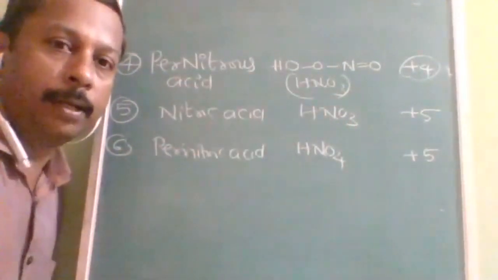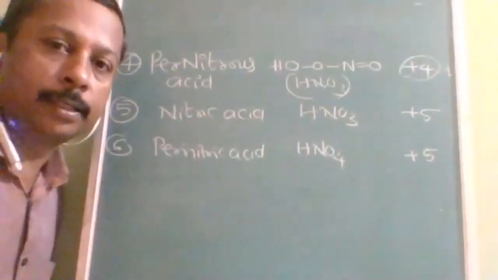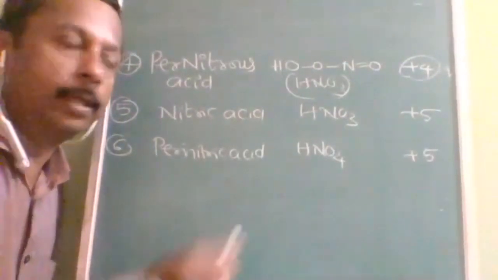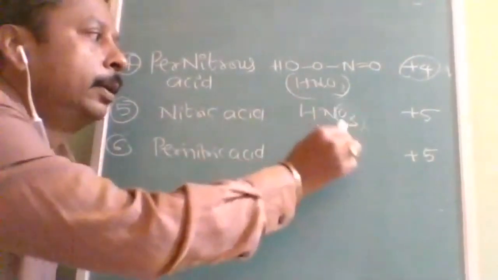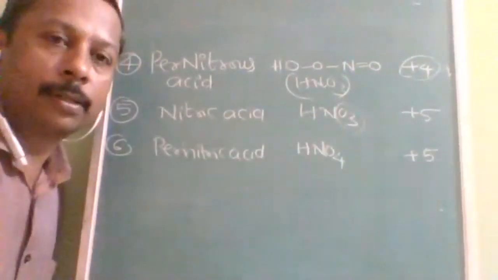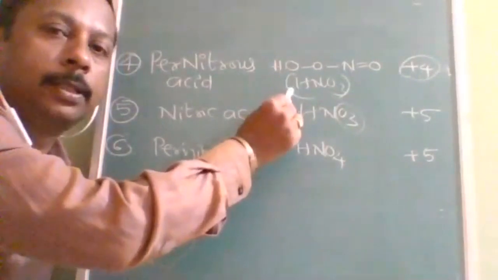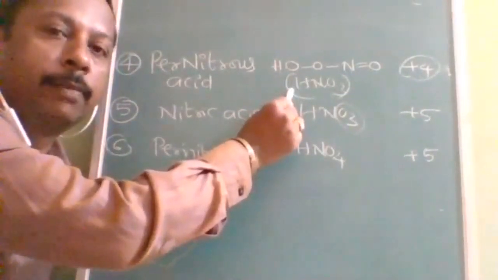Pernitrous acid is also HNO3. But the difference here is that in the other, all the oxygens are oxide, O -2, but here two oxygens have a -1 charge.